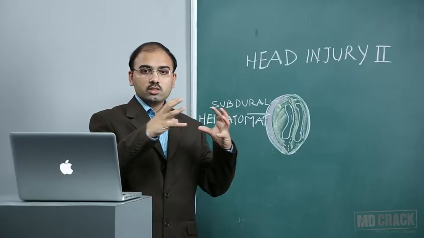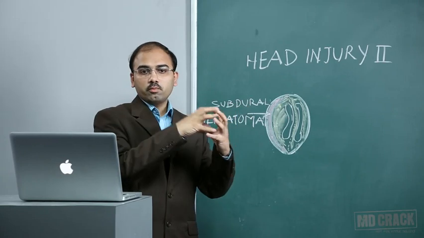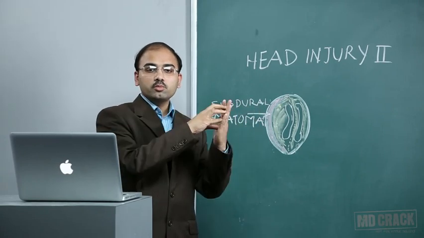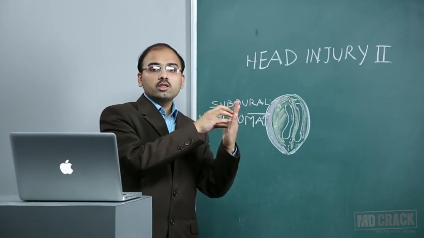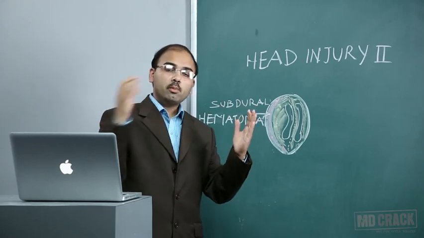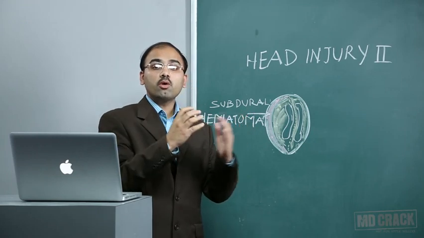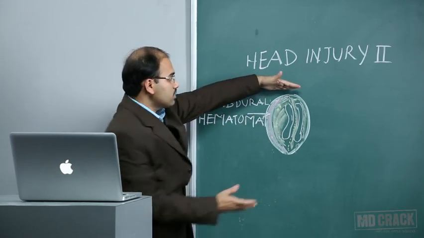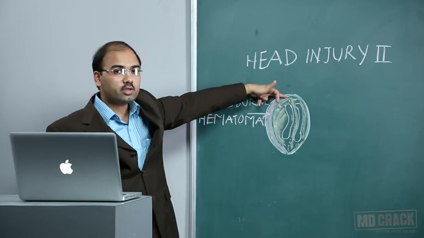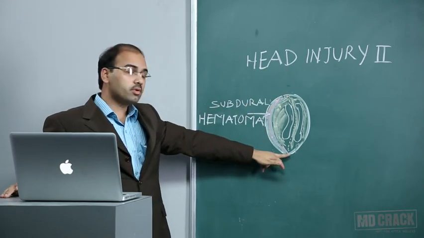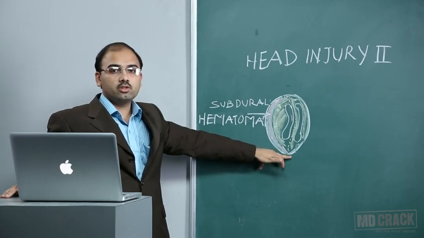So whenever there is sudden stoppage of calvarium against a hard object, there occurs the coup injury. So where the point of contact, there is coup injury, and at the opposite to the point of contact, there is counter coup injury. So if this is a traveling brain, it will hit, the coup injury will be produced in frontal region and counter coup injury will be produced on occipital region.